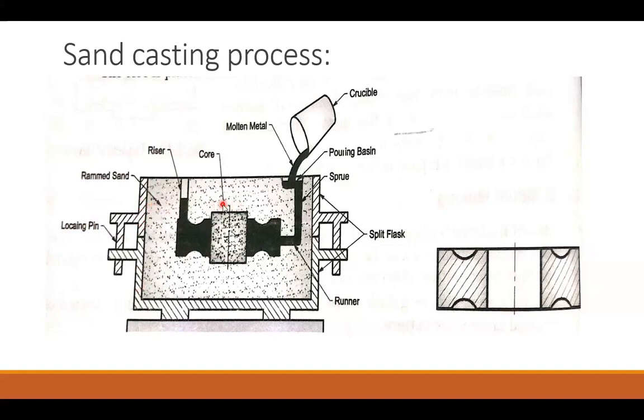The upper part is called the cope and the lower part is called the drag. The black shaded portion is the cavity of the desired finished product. This is my finished product, and the black shaded part is the cavity of this component.